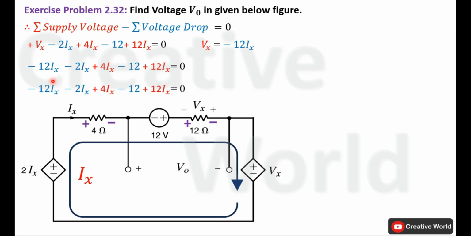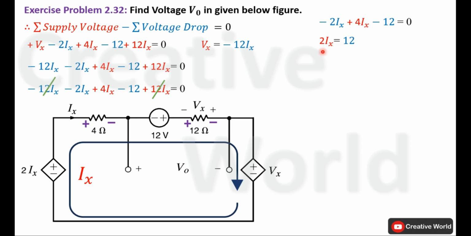Solve this equation. This minus 12 Ix will cancel out with positive 12 Ix. The remaining equation will be minus 2 Ix plus 4 Ix minus 12 equal to 0. Now subtract 2 Ix from 4 Ix, it will become 2 Ix, and place this minus 12 on the other hand side of equal to calculate the value of Ix.